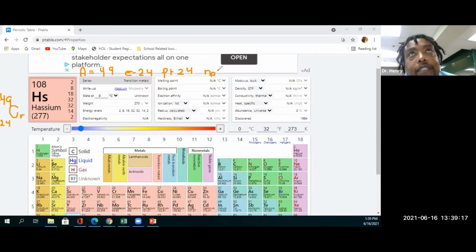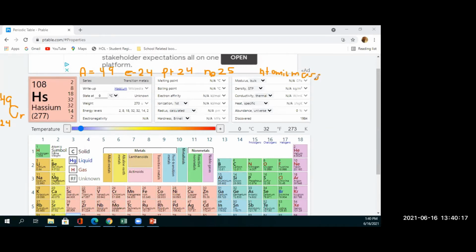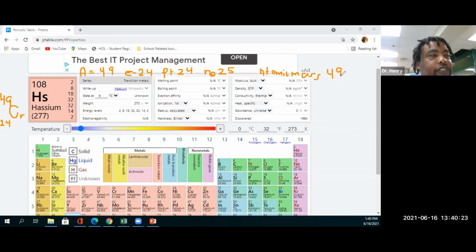I heard somebody say 25. What is the weight of chromium 49? Is that also 49? That's also 49, yes, because it's the new mass of that particular isotope.